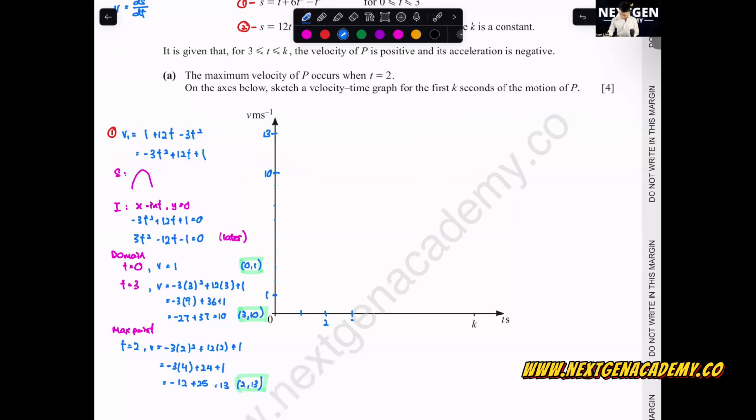So the first point is 0, 1, the second point is 2, 13, the third point is 3, 10. So the first part of the graph looks something like this. It's a quadratic graph until here, from 0 to 3.